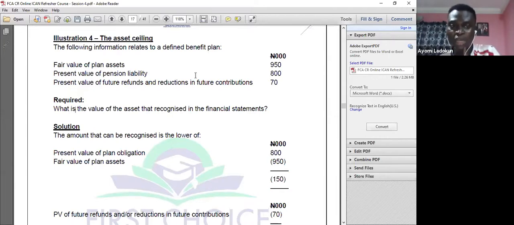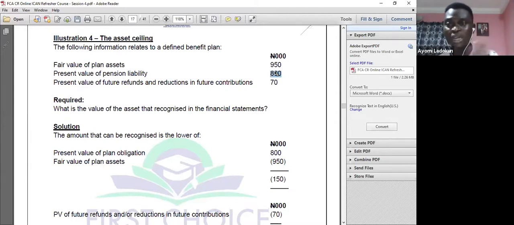Now, let's look at this question. Normally, 950 minus 800, I have 150. That is an asset, and naturally I take it as an asset in my financial statement. Because if my liability is higher, I take it as a charge, because it is an obligation.